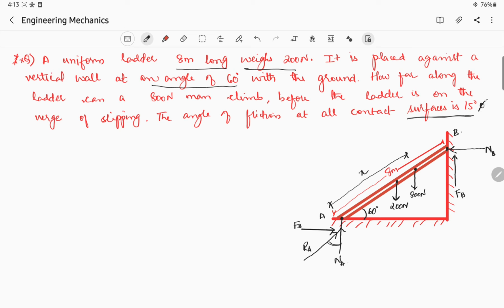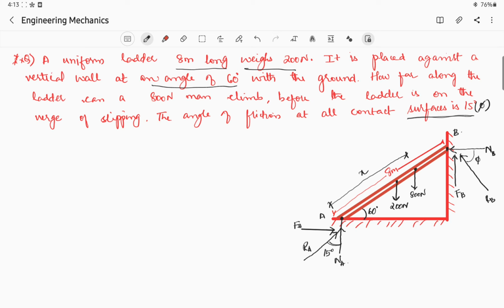This is nothing but phi, which is 15 degrees. Here also one force is going in the negative x direction and another in the positive x direction, so we will have a resultant force RB, and this angle will be 15 degrees. This is what we need.